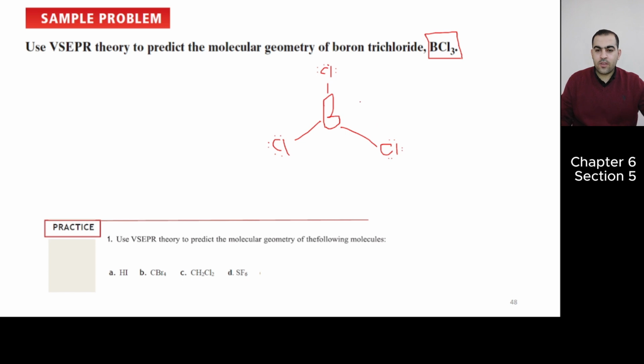Okay, so this shape is what? 3 atoms are bound to the central atom, and if B is the central atom and 3 atoms, that means AB3, and does it have any lone pairs? No. So AB3, we know it's what? Trigonal planar.